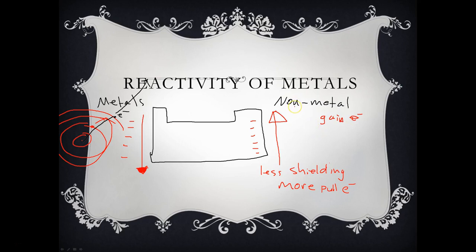Remember how I said electronegativity is kind of like non-metallic character. It's going to behave more like a nonmetal, so they're going to want to gain electrons. If this nucleus has more pull, then it is more easily able to pull electrons, which means it's going to be more reactive. So fluorine going to fluorine as an ion, this is what fluorine will do when it reacts. It's going to have 8 electrons here. Of course, it's going to have 7 here.